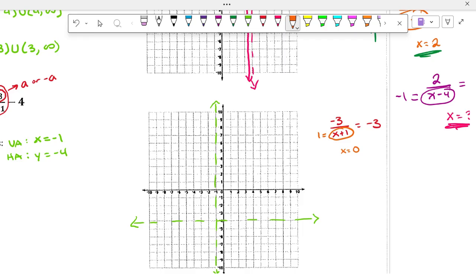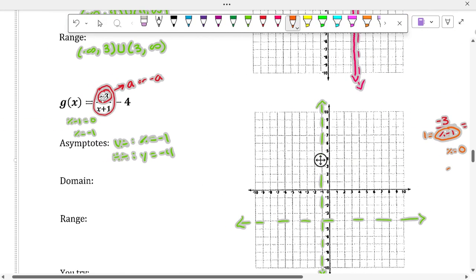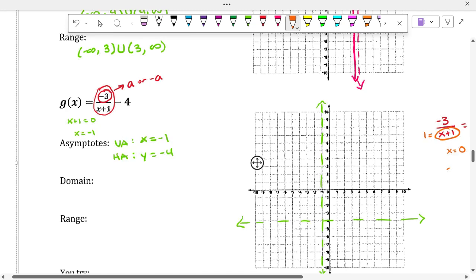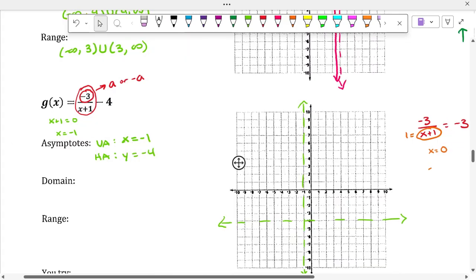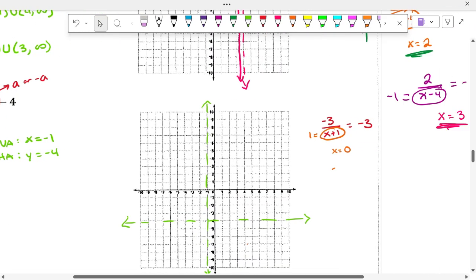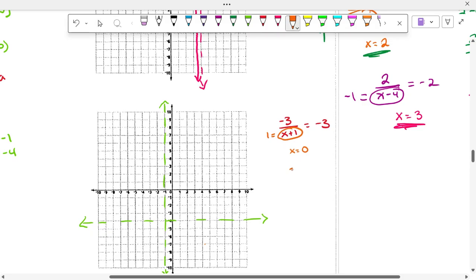What about y? Because we want it to be the a value. So you want either the a value or the negative version of the a value, or the opposite version. So we were going to shoot for 3 and -3. So now we're going to find the y.